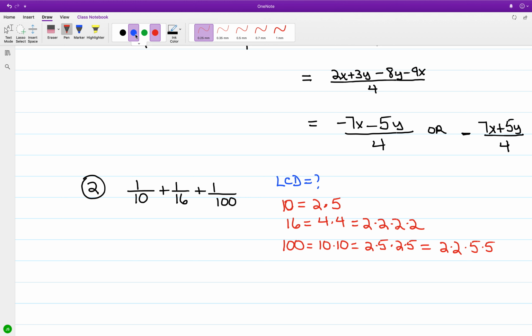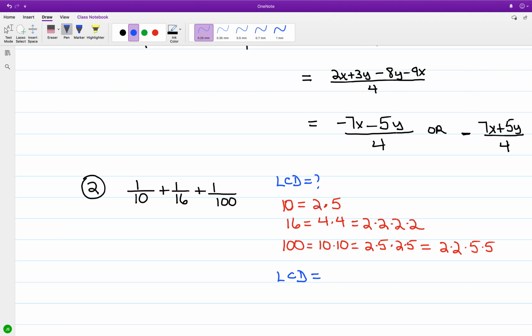For the least common denominator, we've got prime factors 2 and 5. You're going to take the highest degree representation of each, or the most common appearance of each prime factor.